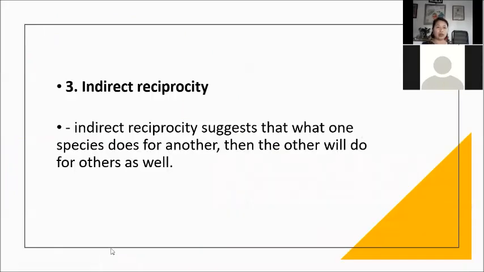reciprocity. So indirect reciprocity rather suggests that what one species does for another, then the other will do for others as well. Okay. So, paano ito i-explain? Okay, sa number 2, yung direct reciprocity.